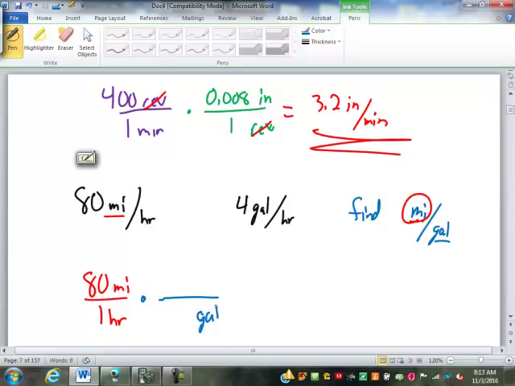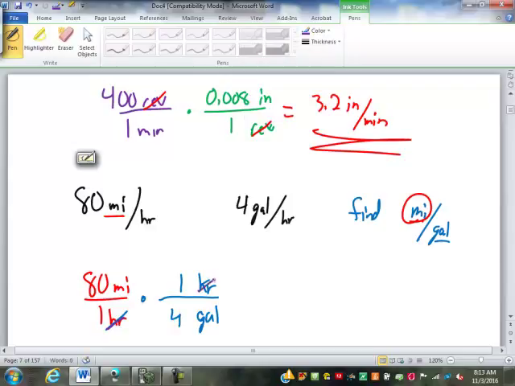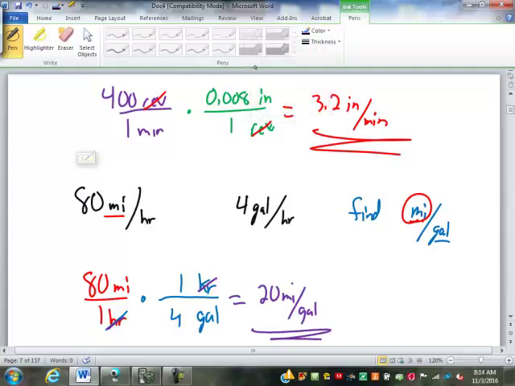And I have this relationship here between gallons and hours. So the hours will cancel out, 4 gallons in 1 hour. So the hours cancel out. Here it's going to be 80 miles. Since the 4 is on bottom, I divide by 4. So it's 20 miles, and gallons are on bottom. 20 miles per gallon. So like I said, the units can be a very powerful tool.